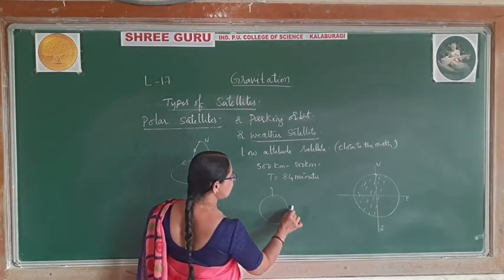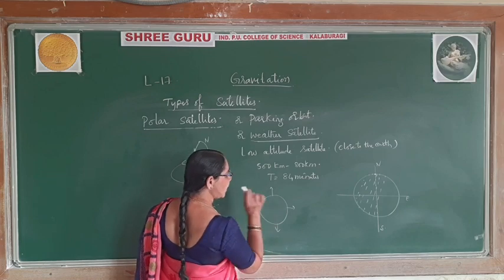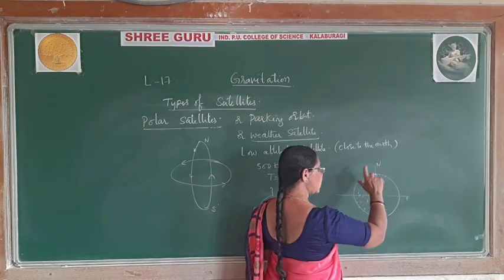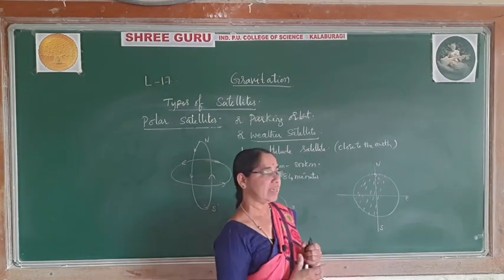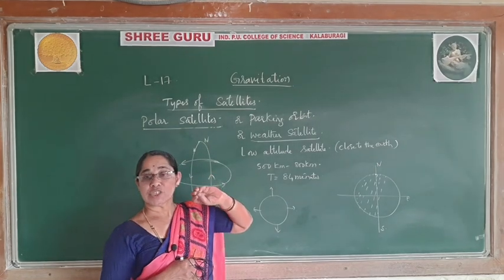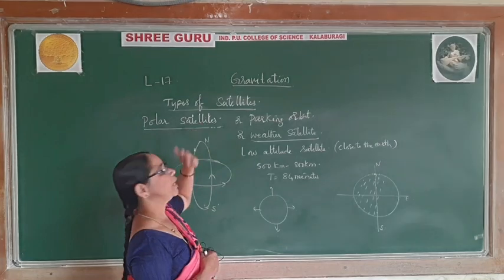Suppose if it comes here, it will be fixed like this. So it will be taking photographs in only one direction, but this one, if you rotate one rotation, takes a complete rotation of the earth. Hence, it is more advantageous. That job cannot be done by a geostationary satellite; that can be done by polar satellites.